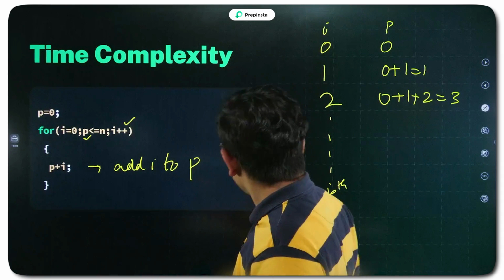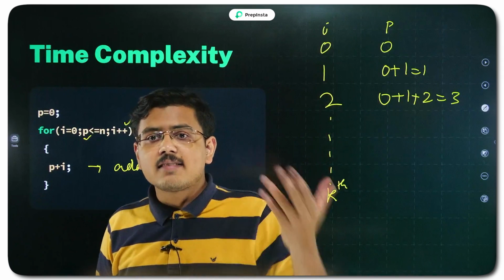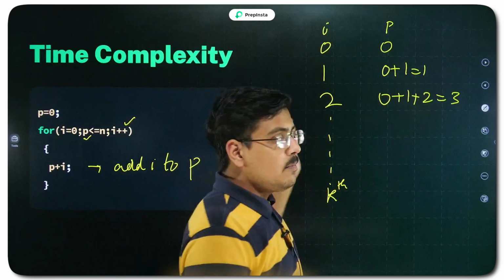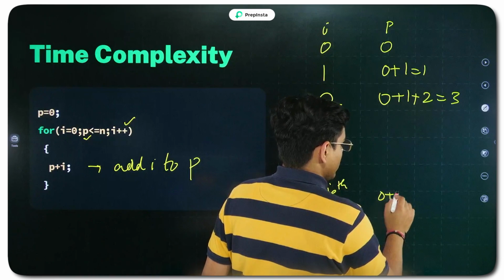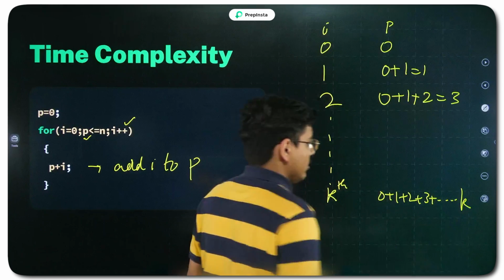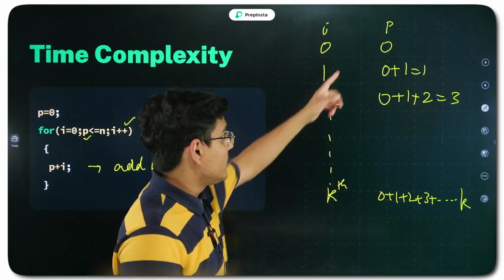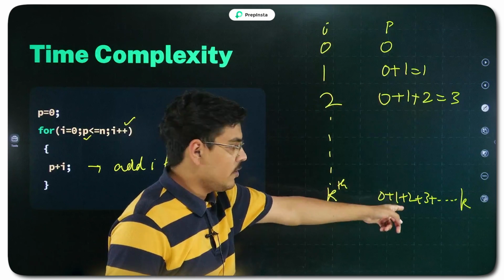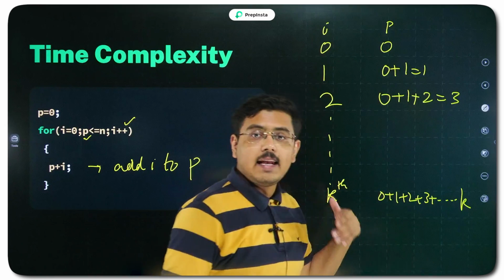So imagine for k steps this loop works, and in the kth iteration p becomes greater than n.